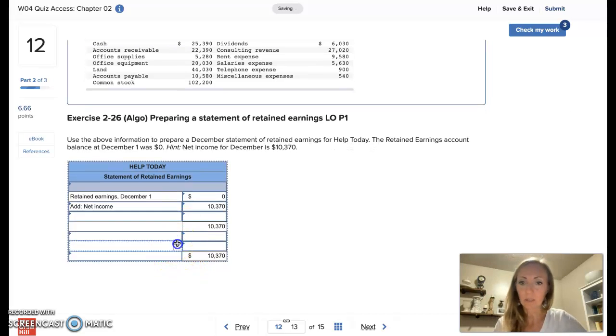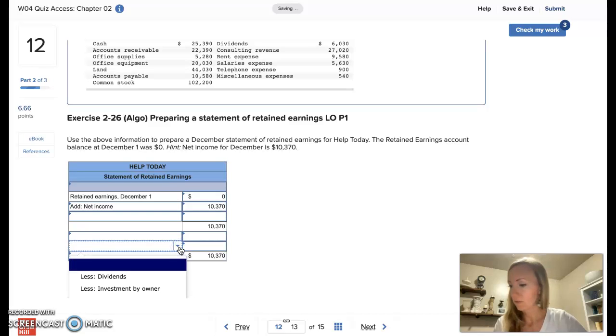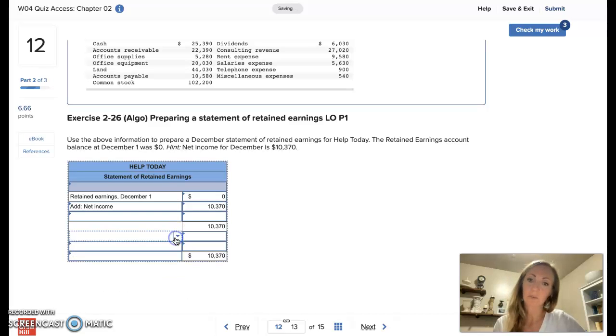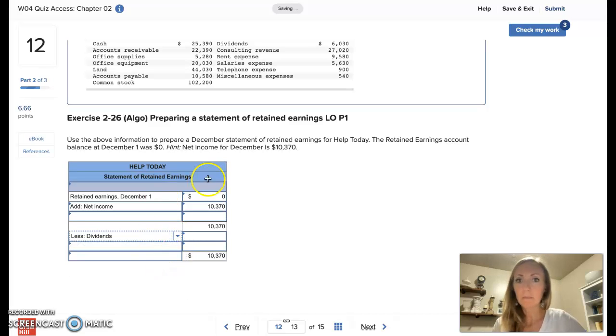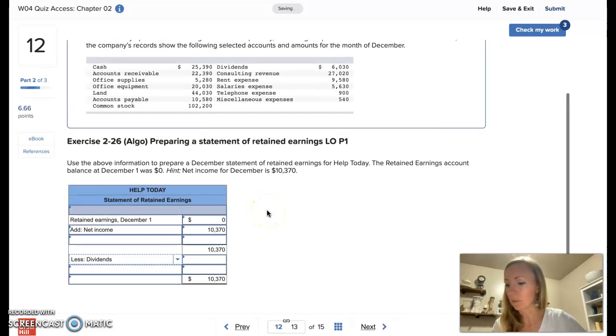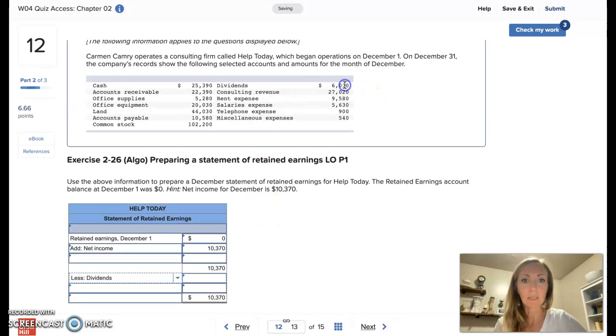I can't remember which one I put it on, to be honest. Maybe I put it there. There's also the dividends here, so we're going to put this. I don't know if I'm doing that in the right place, honestly.